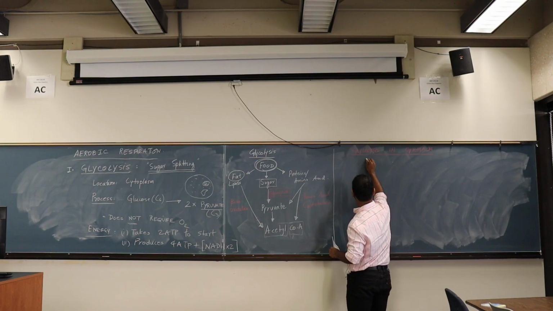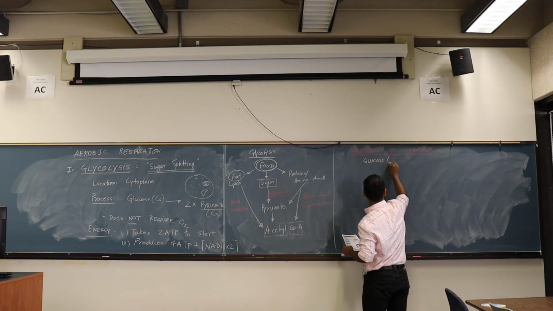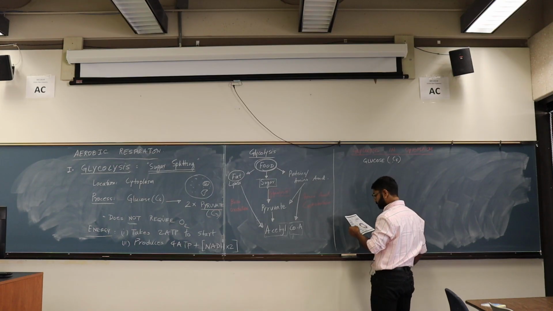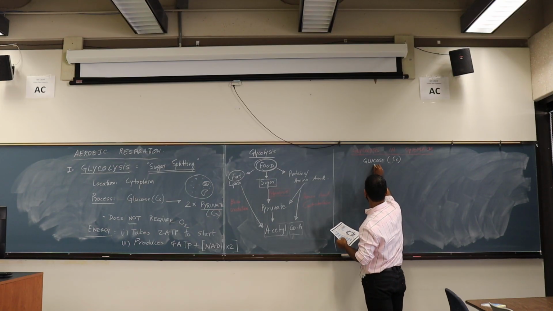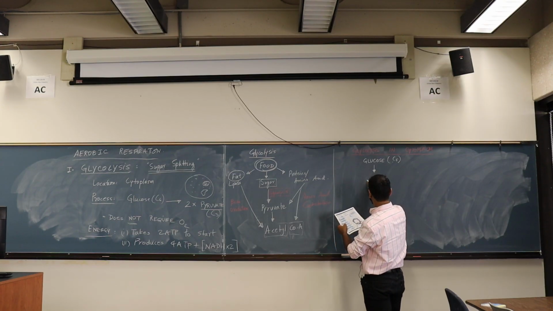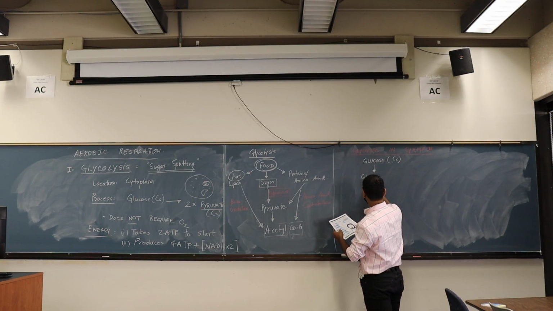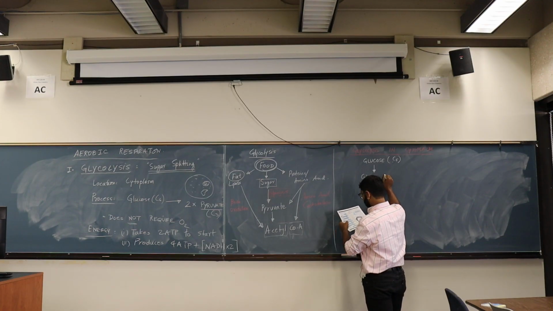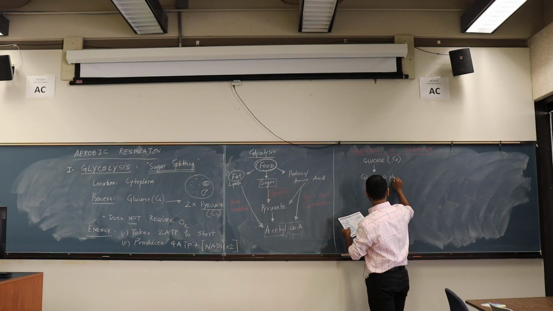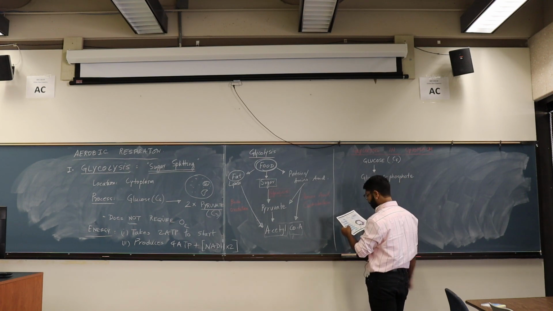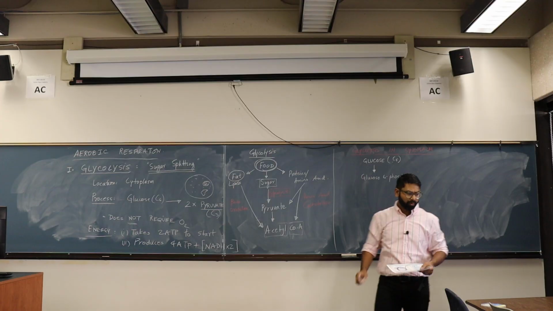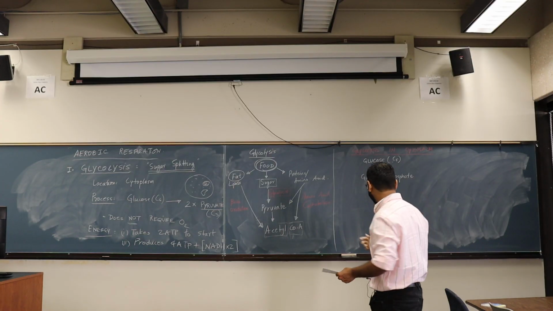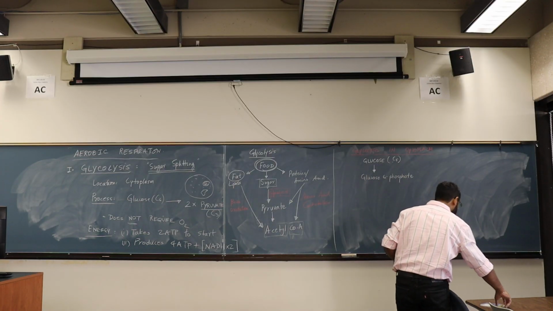So you have the glucose, which is a C6 molecule. This gets converted into glucose 6-phosphate. What does your intuition tell you? Where is that phosphate coming from?